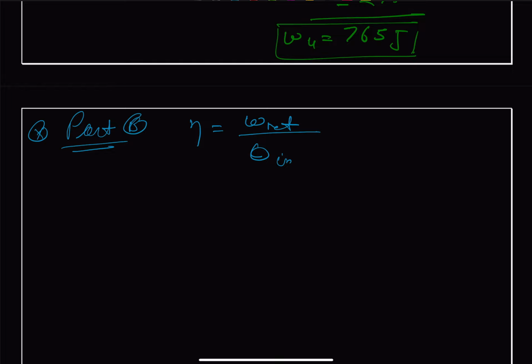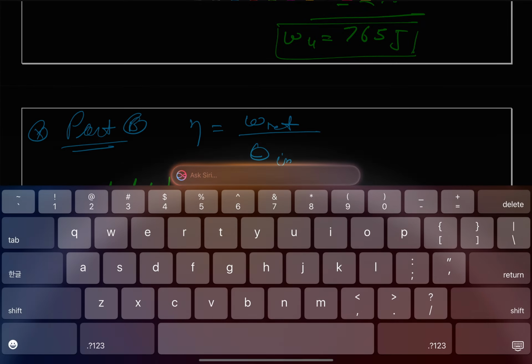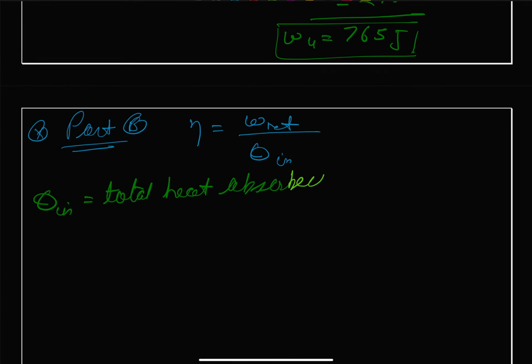And this Q in is our total heat absorbed, because if you see the values of Q that are given to us, some values are positive and some values are negative.